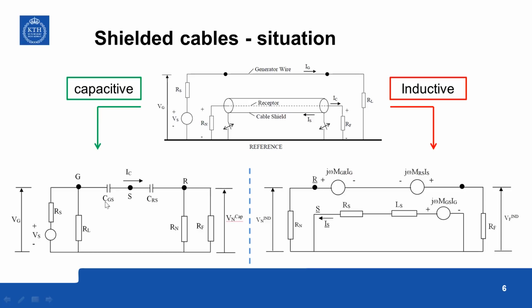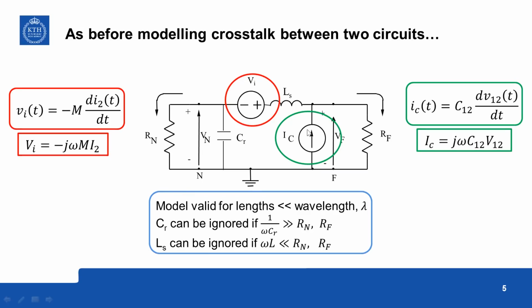So this parallel combination of CGS and CRS is similar to this capacitive coupling capacitance C12. So that is the only difference in the model.